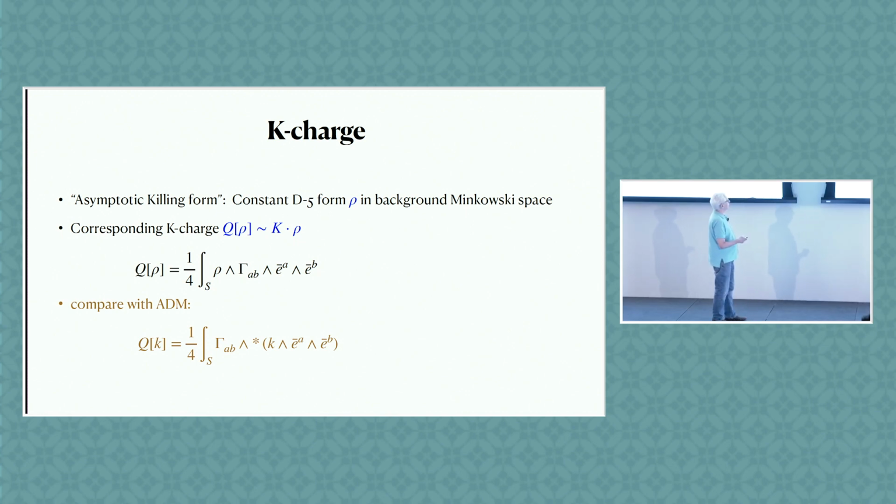And here you see that it's rather similar in form to that of the ADM charges, but there's one difference: there's a Hodge dual in here, but not in here. So it's a natural object you can write down using the same ingredients that came in from the ADM charge.